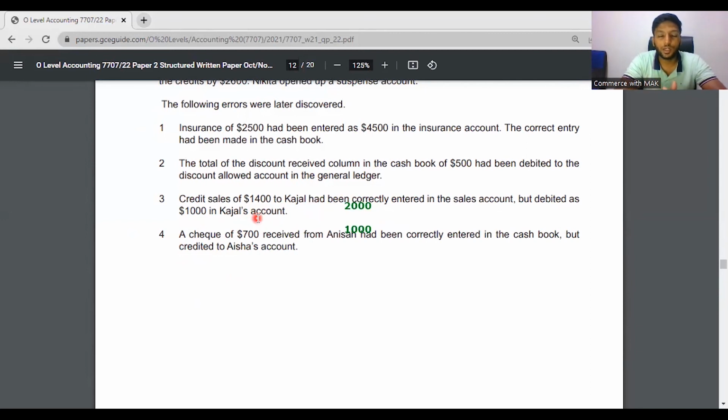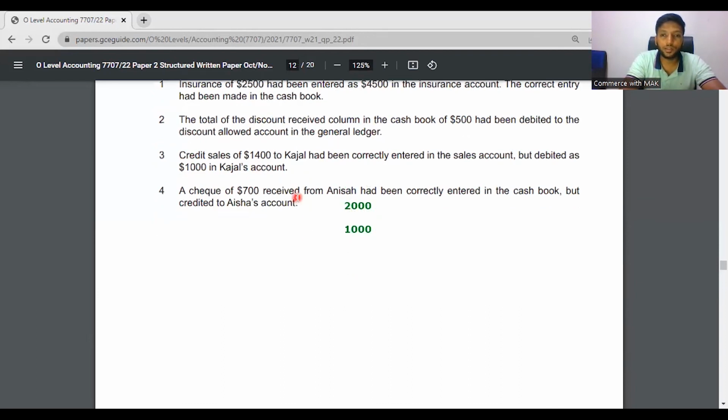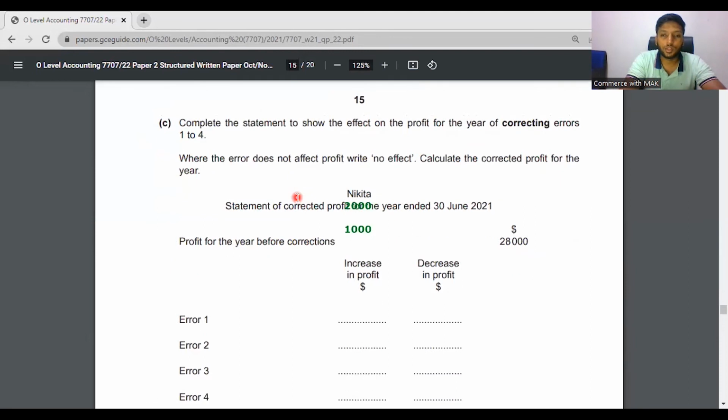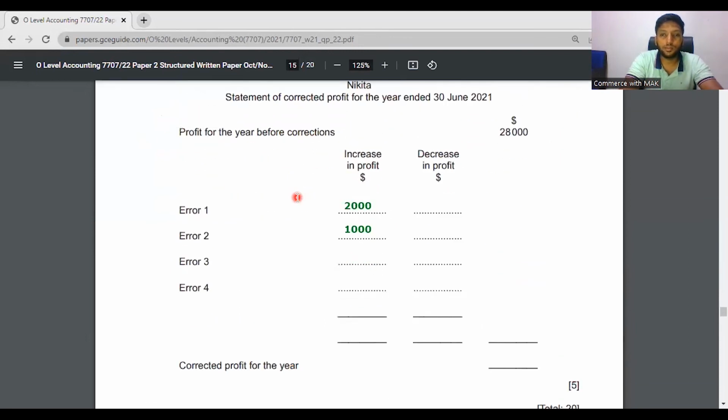That is the format of a profit and loss account. But here they are not speaking about the sales account. They are only speaking about the debtors account, which is Kajal. So a mistake in the debtors account won't affect the profit and loss statement. So this third part will become no effect. So under error 3, I'll write no effect.